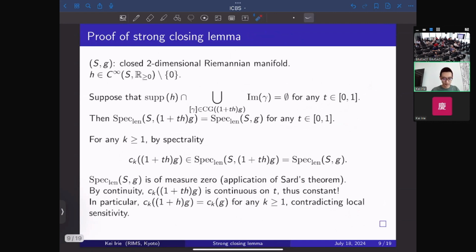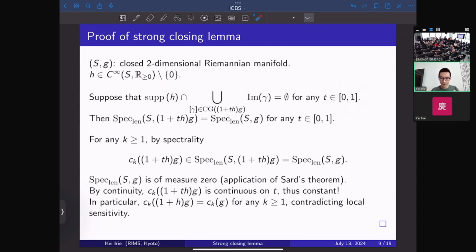So let (S, g) be a closed two-dimensional Riemannian manifold, and h be a function on S taking non-negative real values and not constant zero.